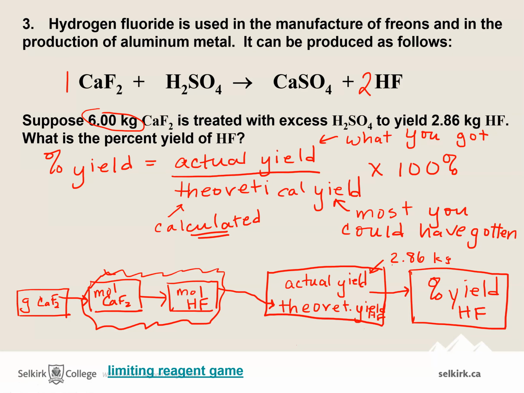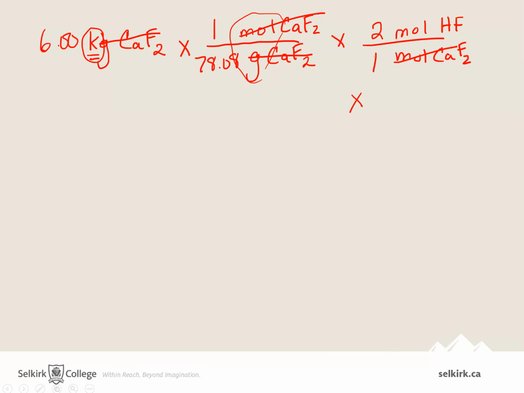All right, I'm here at moles of HF. And now I'm going to find the mass of HF. I'm going to get rid of moles of HF, and I'm going to get mass of HF in grams. Units tell you what conversion factor to get.